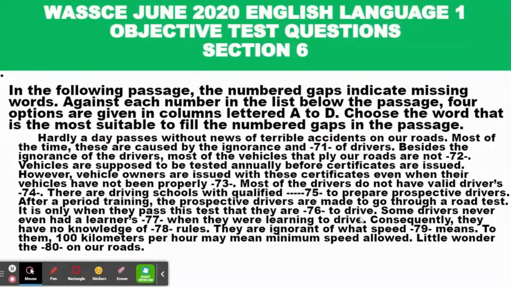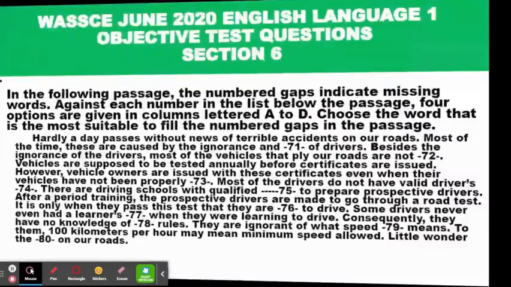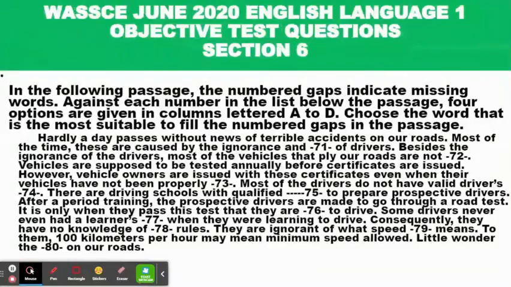Of course, without looking, we know learners have permits, but drivers have licenses, right? So, but let's confirm. And so 77A is permit, B, clearance, C, authority, D, order. The correct option is A, learner's permit. In fact, you always see it where the plate number is usually placed in a car when someone is learning.